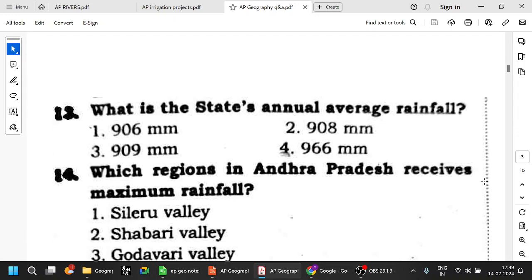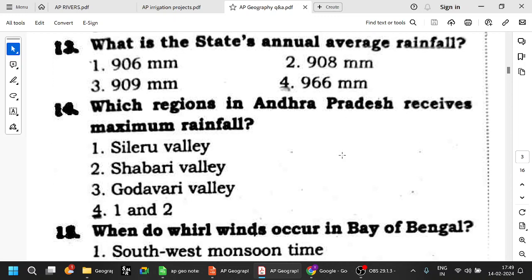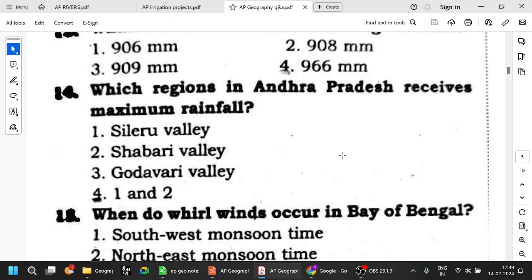What is the state's annual average rainfall? Again, these things keep changing, but among these options, 966 mm is the best answer. If you see the next question also, which region in Andhra Pradesh receives maximum rainfall? We all know that the Godavari river always has a surplus of water compared to other rivers like Krishna or Penneru.